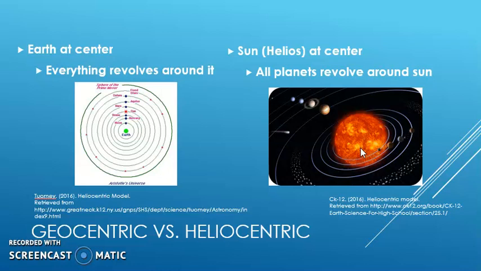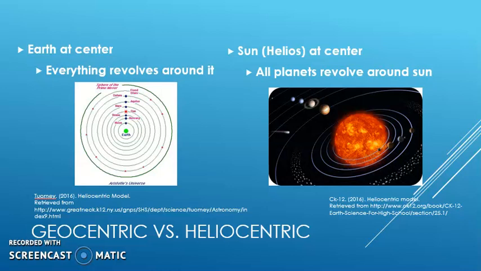Now, this doesn't mean that everything in the universe revolves around the sun. Different stars don't revolve around our sun, and other planets have moons that do revolve around those planets, but the planets of our solar system revolve around the sun. That is the heliocentric model.